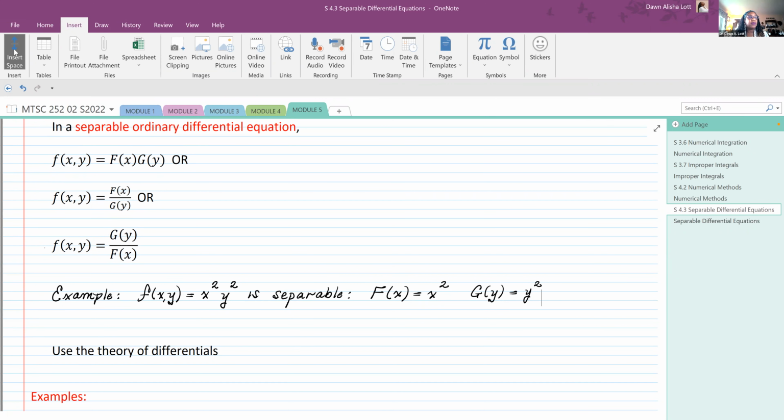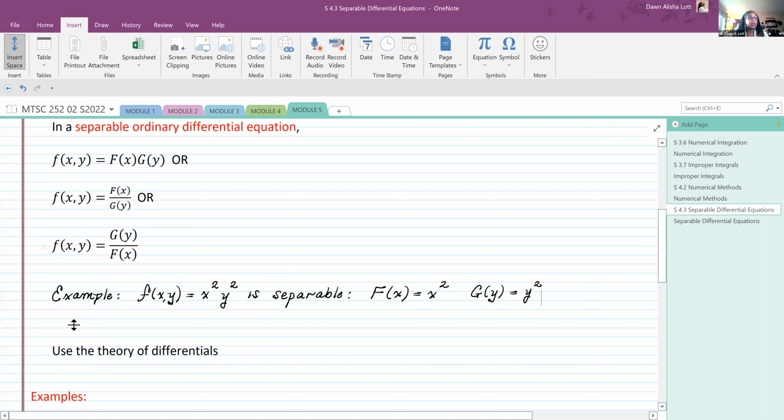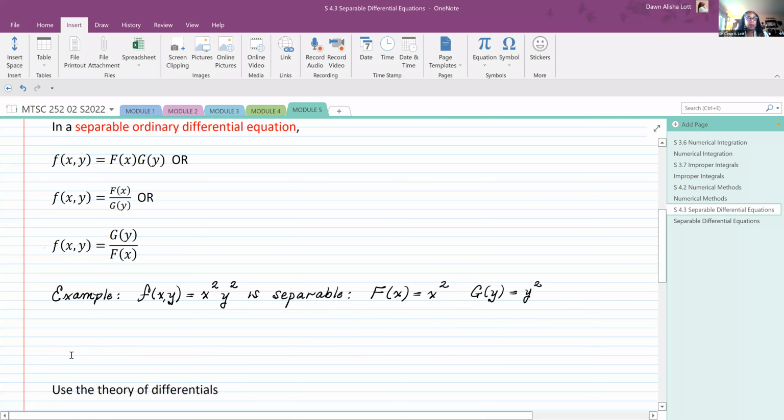You will not have those problems to do, but I just want to show you what I mean by not separable. So f of x,y equal to the cosine of xy is not separable.